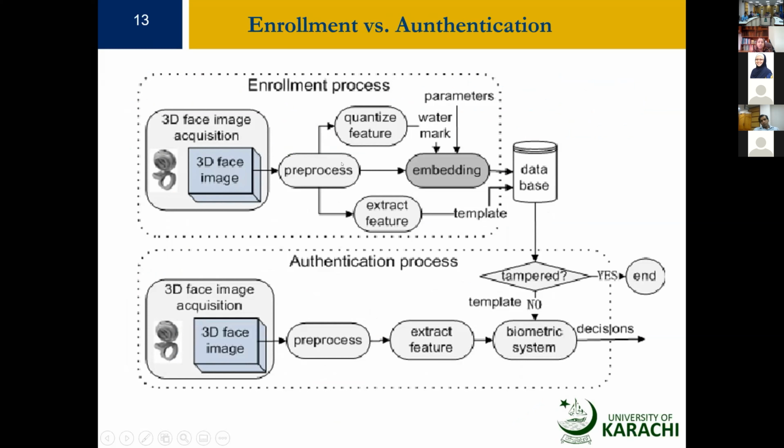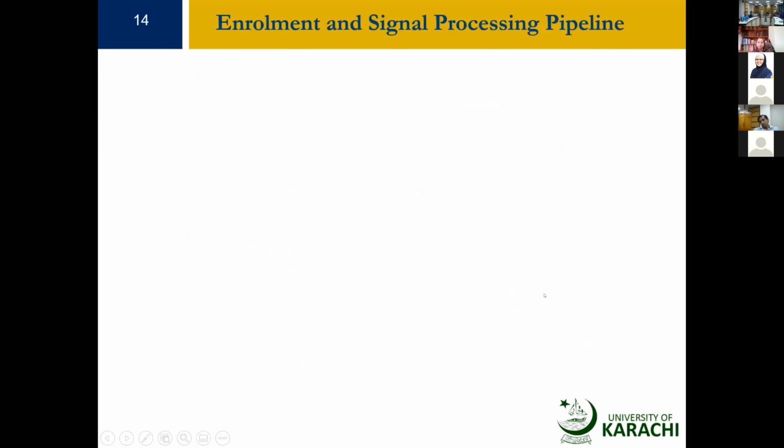Again, you can pre-process them, resample them, extract the features, and add more parameters like watermarking, and then you can prepare a more enriched database. And in the authentication process, you need to determine whether somebody tried to tamper, yes or no, and on the basis of this decision, you can end your process.